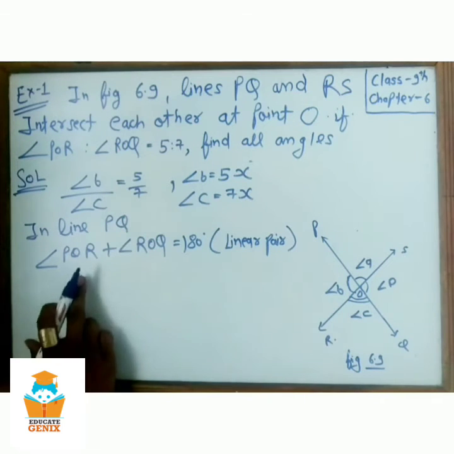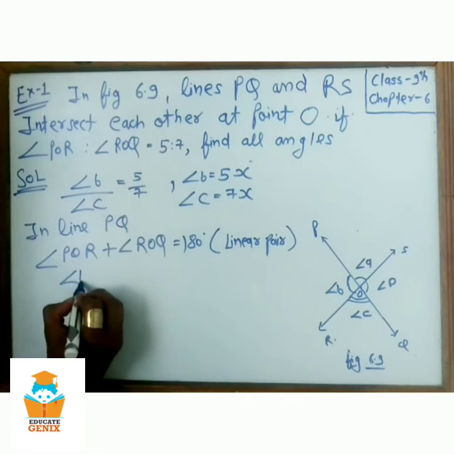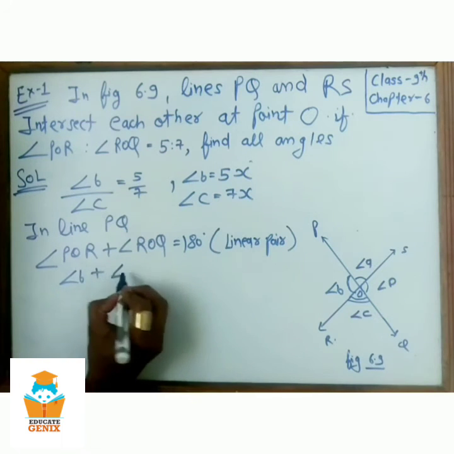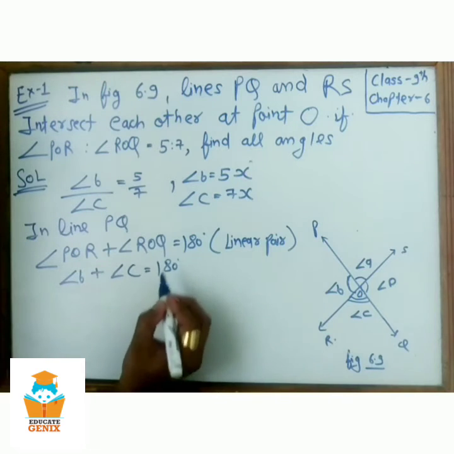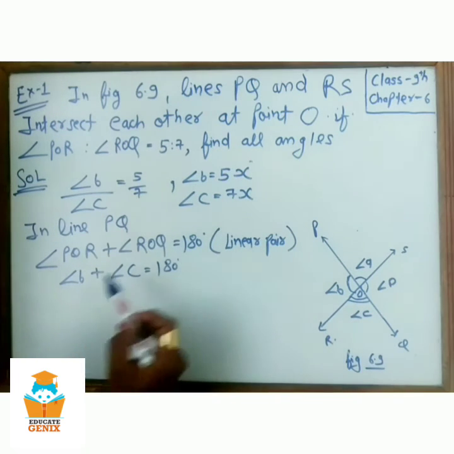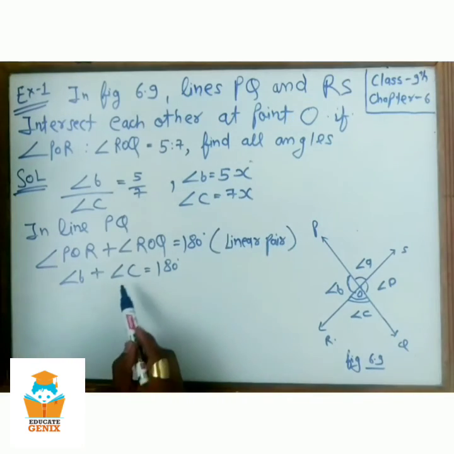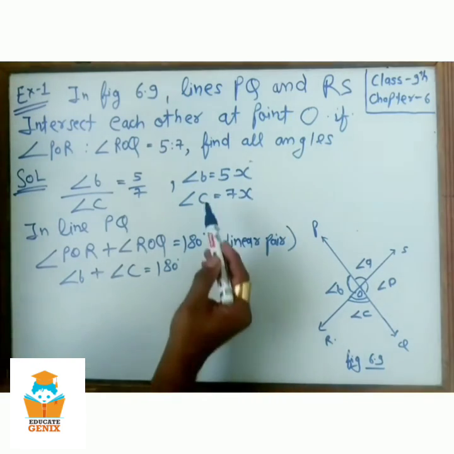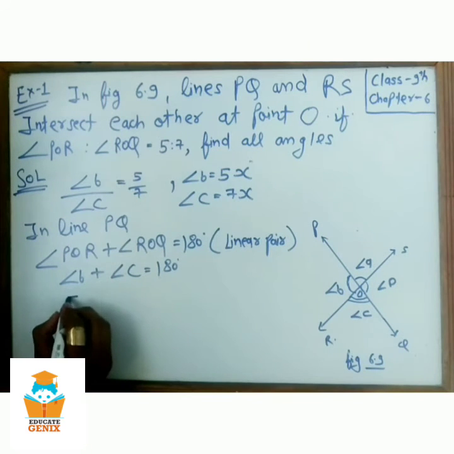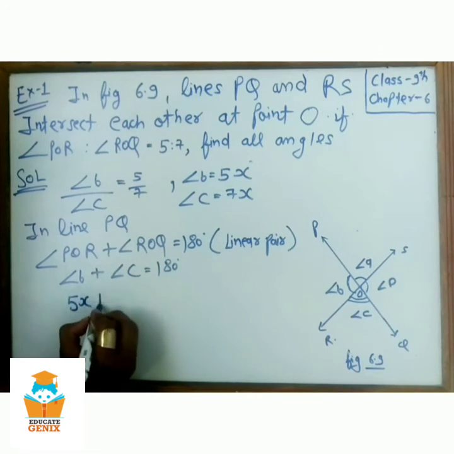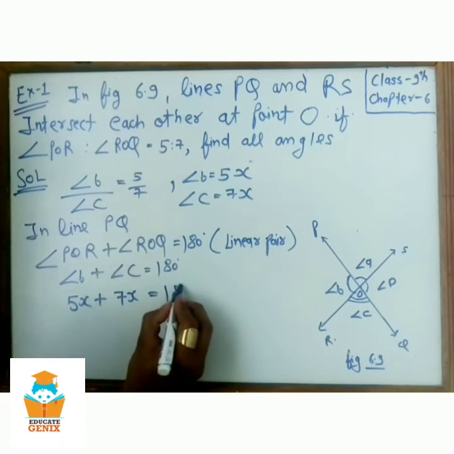Therefore, angle POR, as we already marked as angle B, plus angle ROQ as angle C, equals 180 degrees, and we said that angle B equals 5x and angle C equals 7x. So we are going to put this 5x and 7x in this. Therefore, angle B, which is 5x, plus angle C, which is 7x, equals 180 degrees.